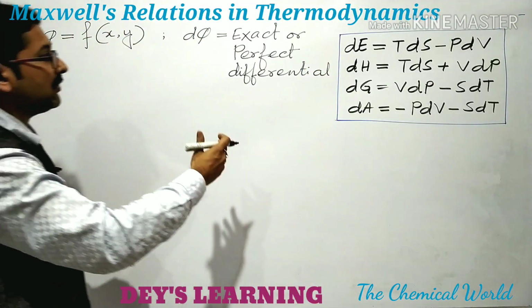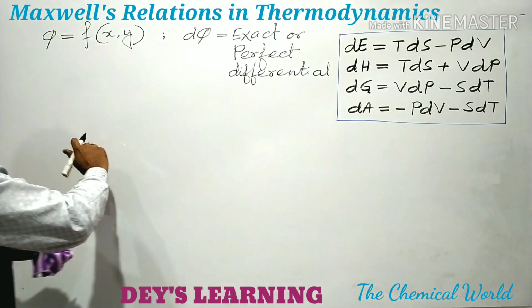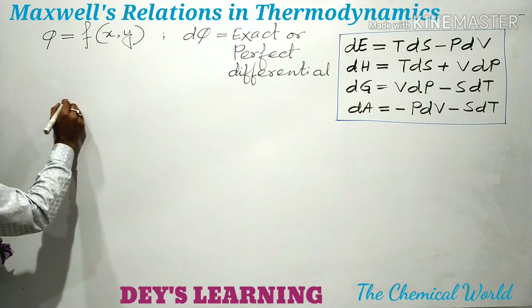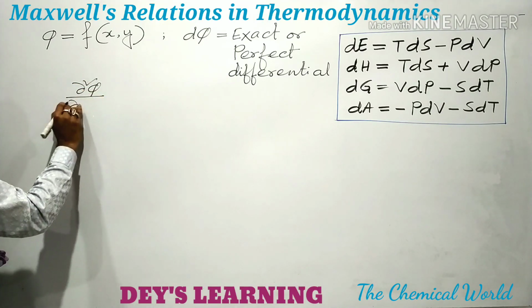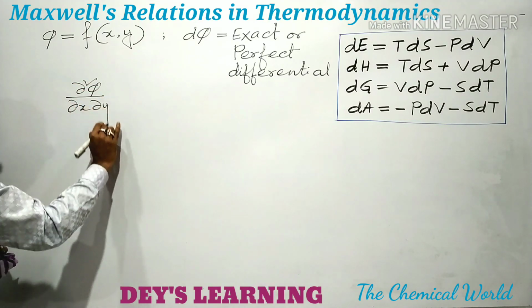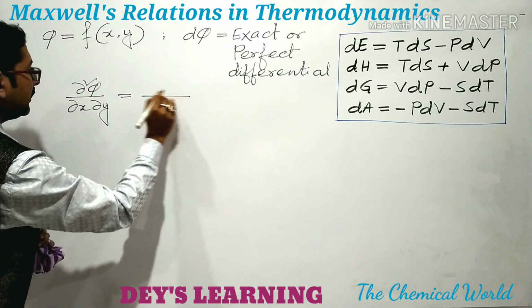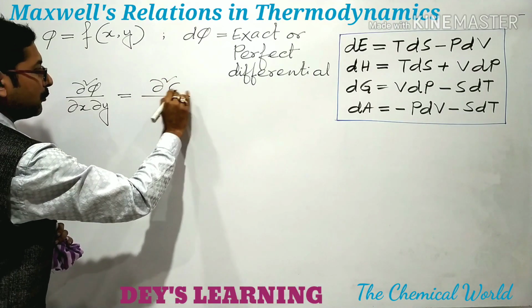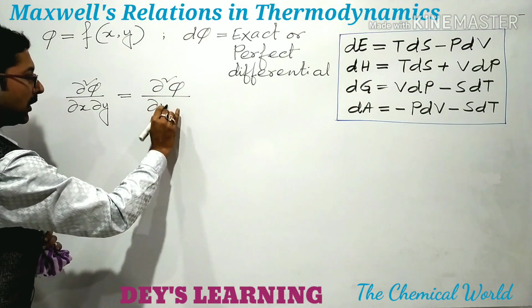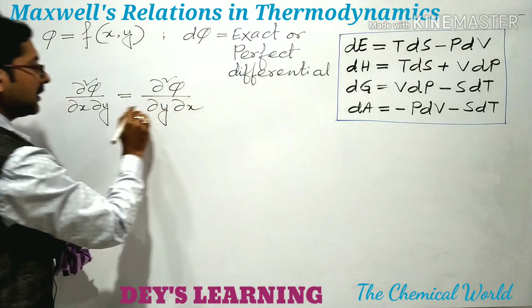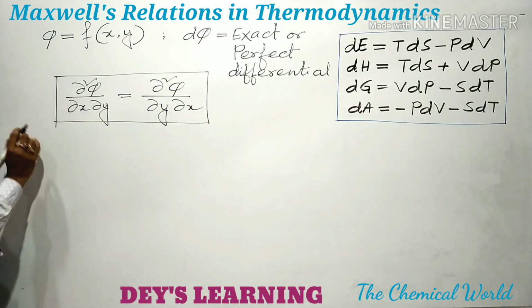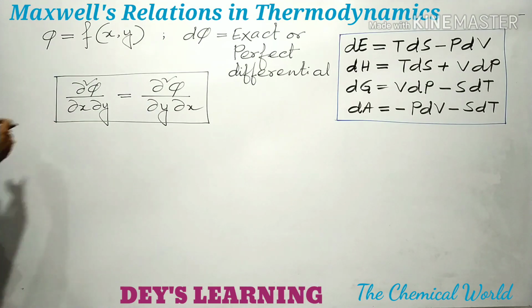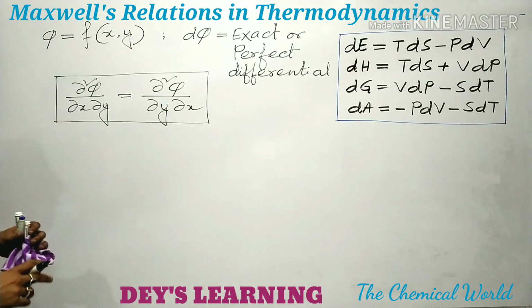And perfect differential होने के कारण it will hold the relation del square phi del x del y will be equal to del square phi del y del x. That is, the order of differential can be changed, and it will give the similar result.